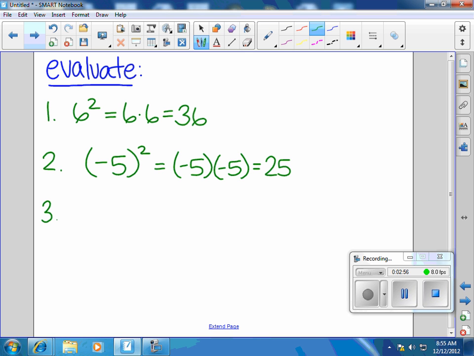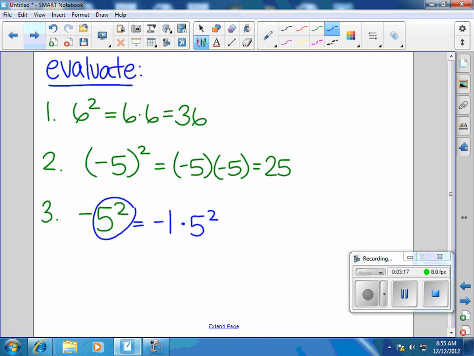Because if you type it in like this, or if you're given a problem like this, it's a totally different answer. This problem says that I have negative 5 squared. What this means is that I have the opposite of 5, so like negative 1 times 5 squared. The only thing being squared is this 5.